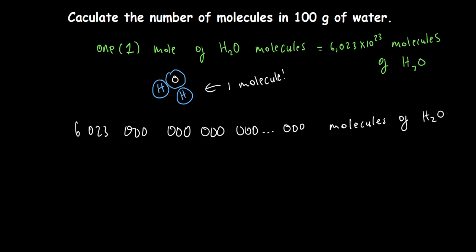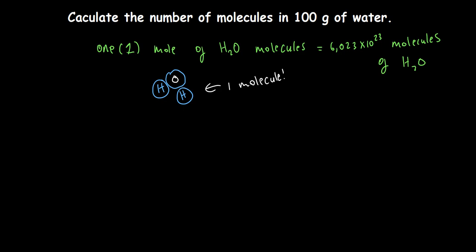So now, if they ask me what is the number of molecules in 100 grams of water, I cannot come here and say, oh, I have 100 grams of water molecules.